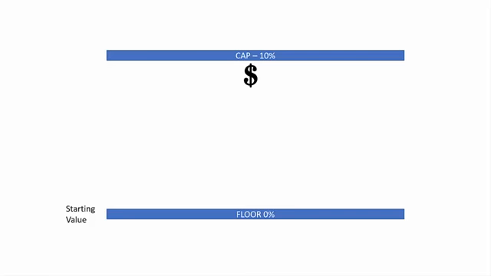If in year two, the S&P is down 20%, the worst that you can do is 0 in that one year, and then you start all over again. Again, this is an extreme oversimplification, but if you can understand these mechanics, you can understand just about any product that's out there.